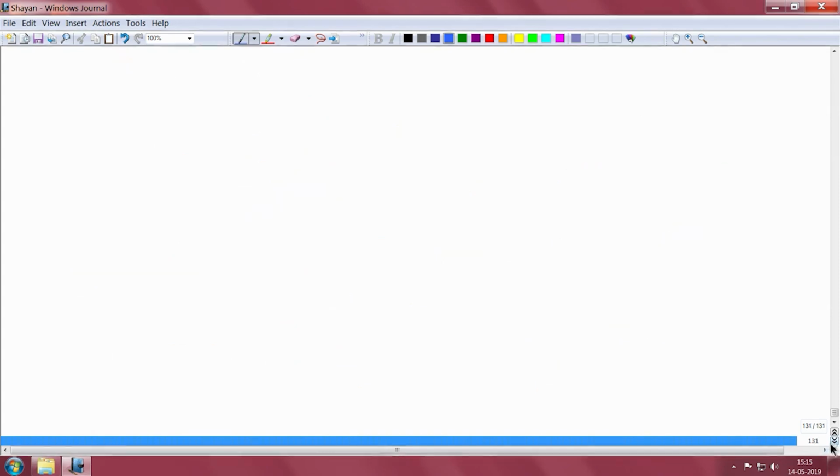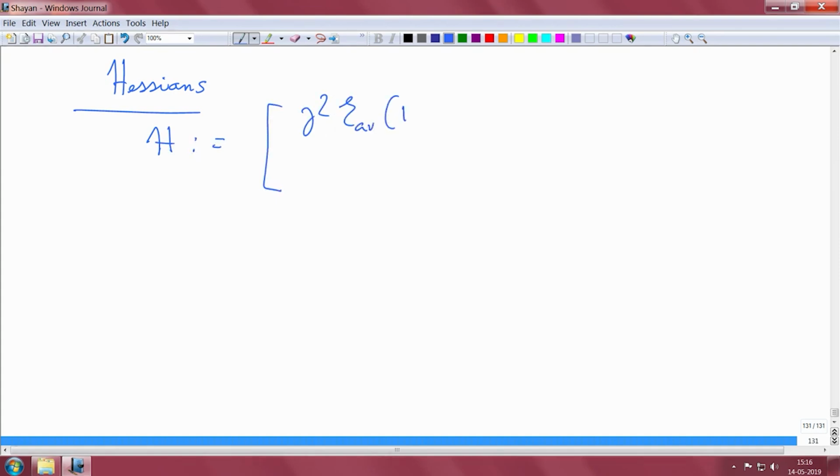Similarly, we have the Hessians. The Hessian matrix is basically the second order derivative of the cost function, which is a function of the weight.